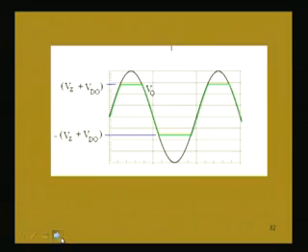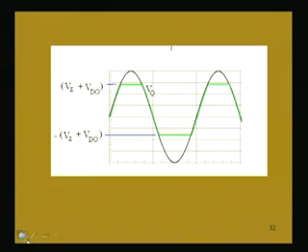So, finally, we will be getting the output voltage clipped at the upper and lower portion with Vz plus Vd naught. This is plus Vz plus Vd naught, this is minus Vz plus Vd naught, and this will be the output voltage versus the input voltage Vi.